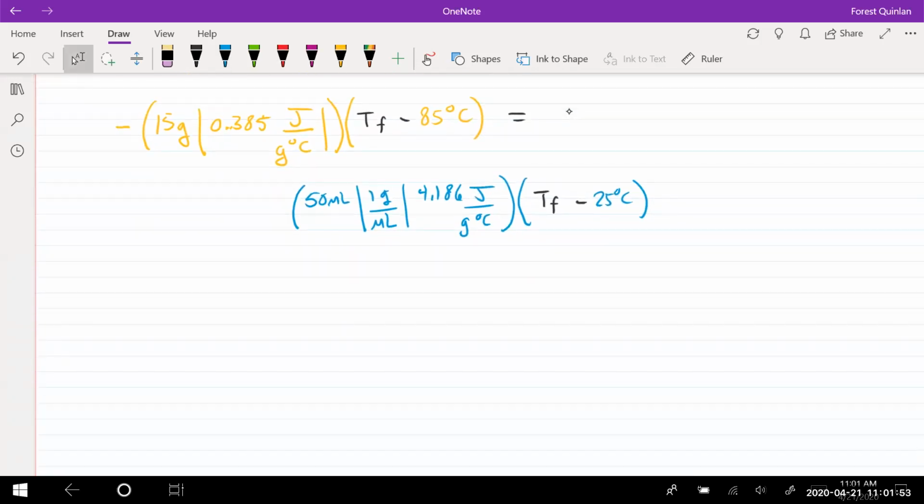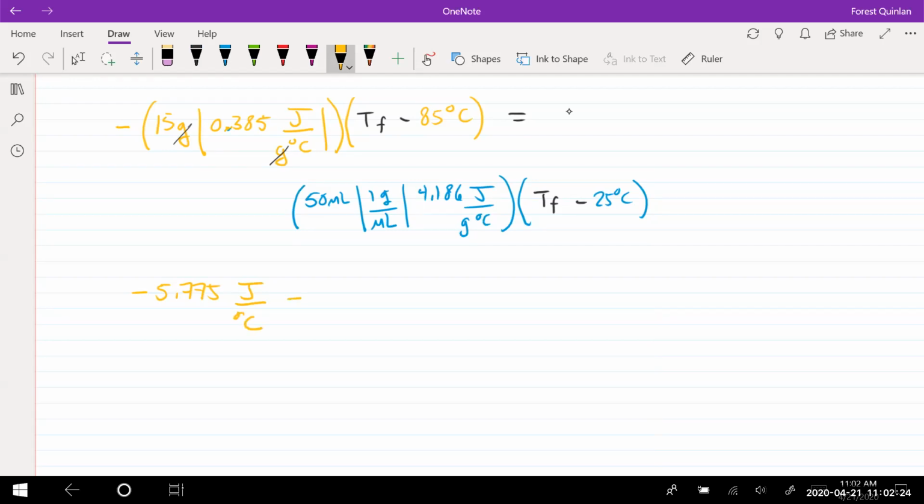And so now I need some numbers calculated. Dallas, I need that 15 times 0.385, if you would. 5.775. So we have negative 5.775. Notice that my units here, the grams, go away. And this is now joules over degrees Celsius.